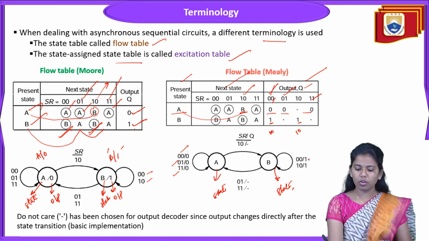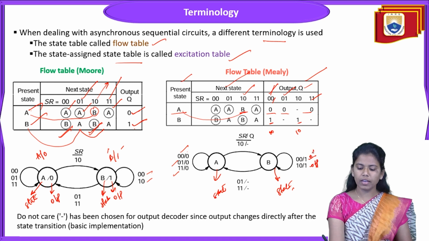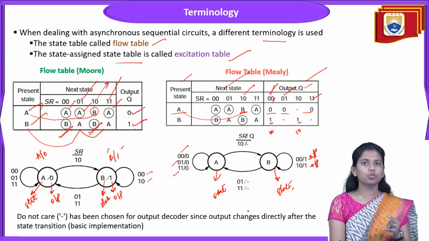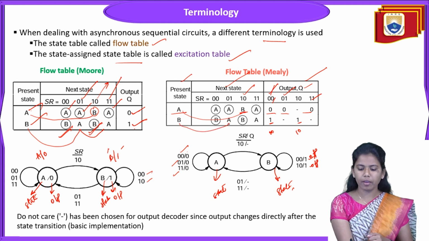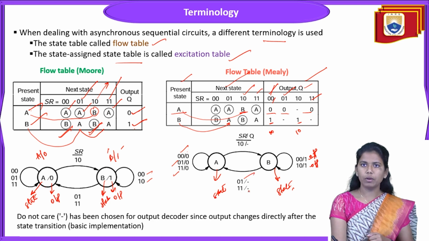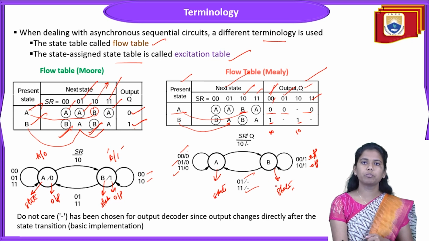So 0, 0 and 1, 0 when 1 is the output. And if the transition from B to A takes place, then B to A means 0, 1 as well as 1, 1. So this is how the transition between the different states, from state A to state B, and from state B to state A, takes place.